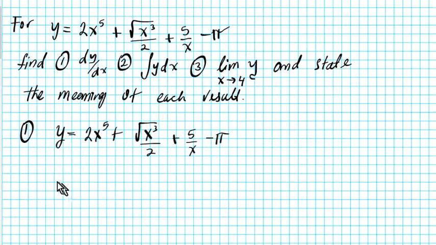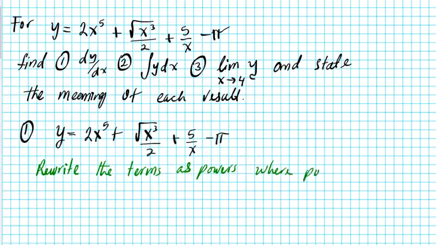Okay, so let's rewrite what we're about to do. Rewrite the terms as powers where possible. So we have y equals 2x to the fifth.